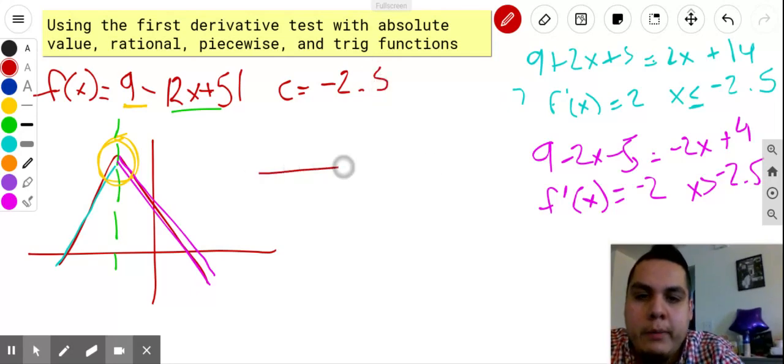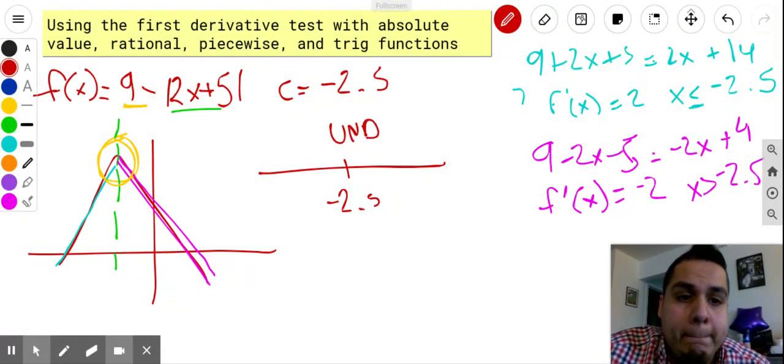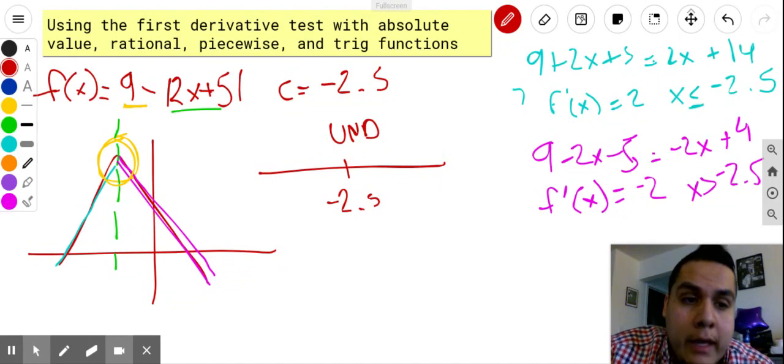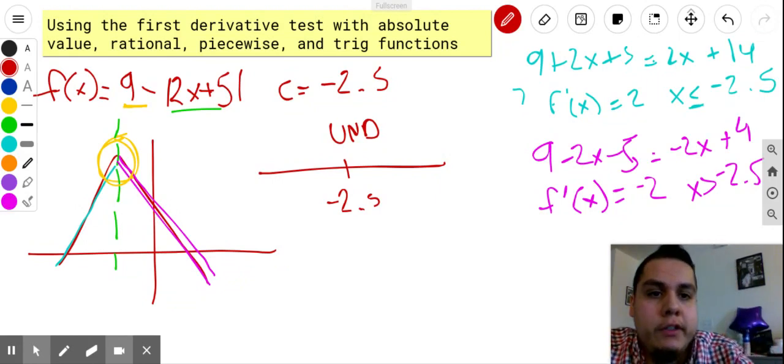So when I draw my number line at negative 2.5, I know my derivative is undefined. Okay. And I have my derivative, which is composed of this piecewise function.